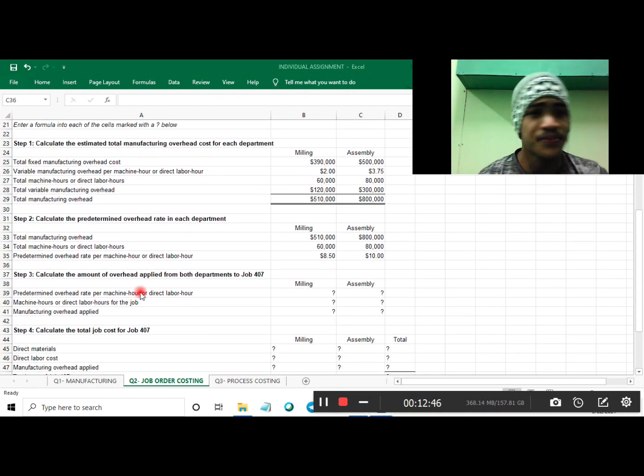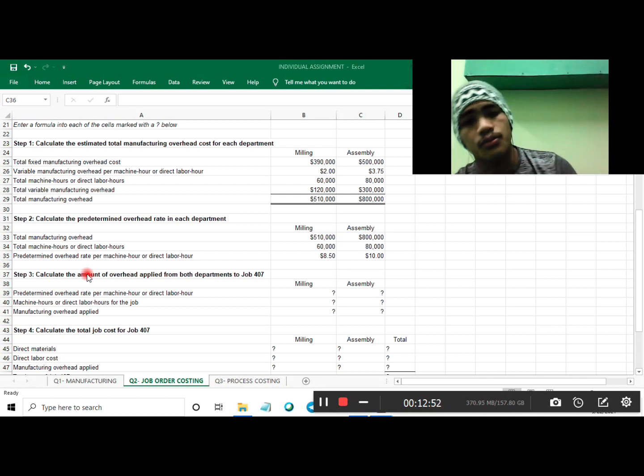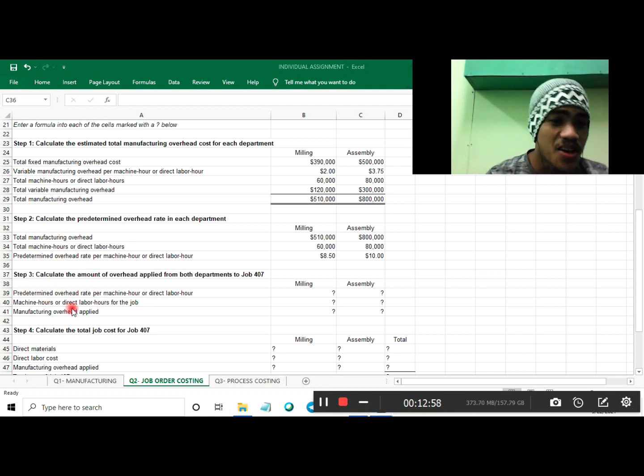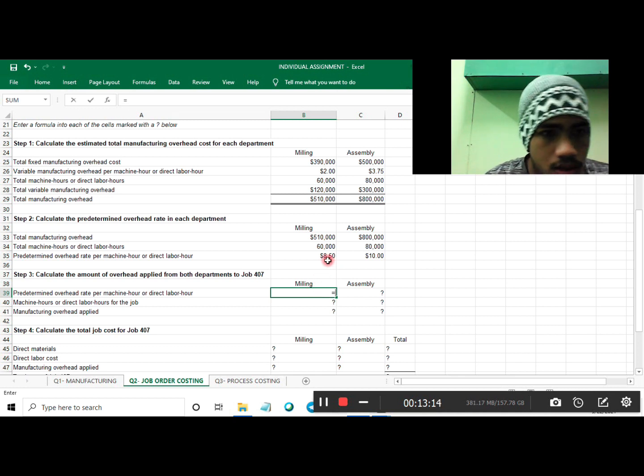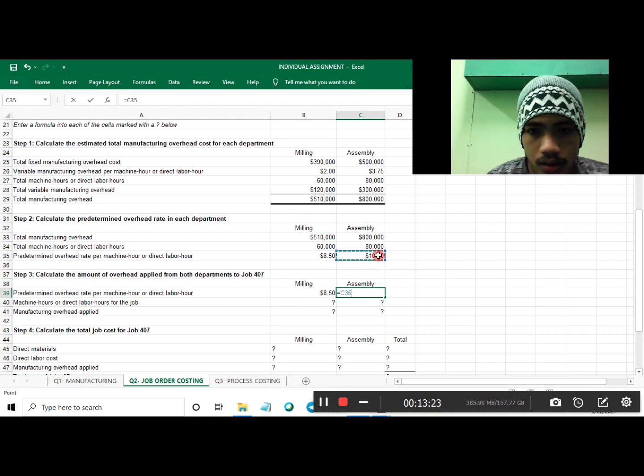Okay, step 3. Calculate the amount of overhead applied from both departments to job 407. For the POHR per machine hour and direct labor hour, the mailing department uses machine hour at 8.50 ringgit, we just take from step 2. For assembly, it's 10 ringgit, just take from step 2.